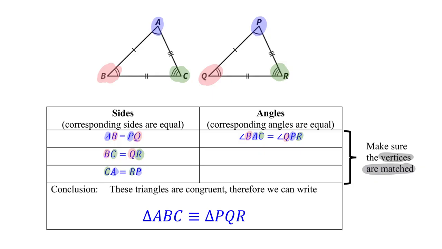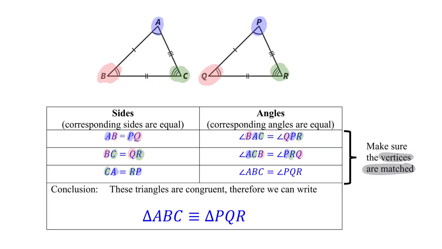Angle ACB, written as A to C to B. If you look at the color, it will be blue, green, red. Then I will have to write P to R to Q in that same order.